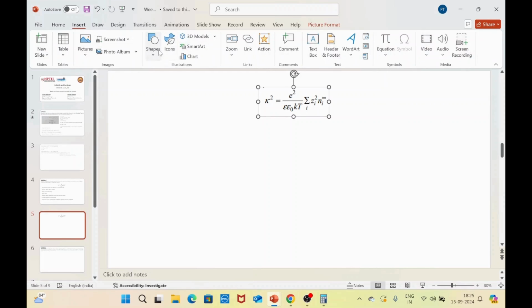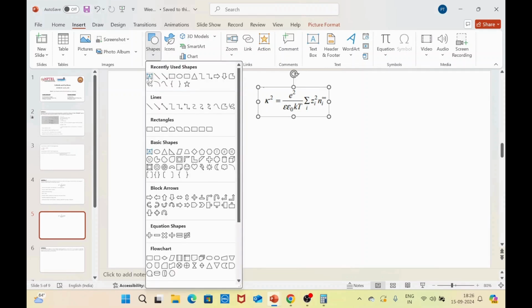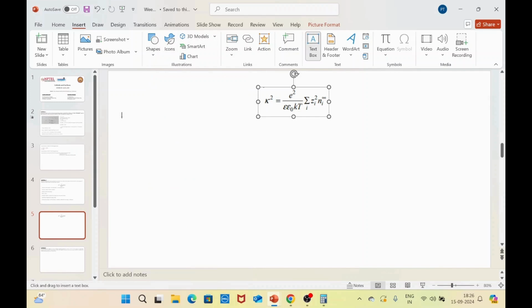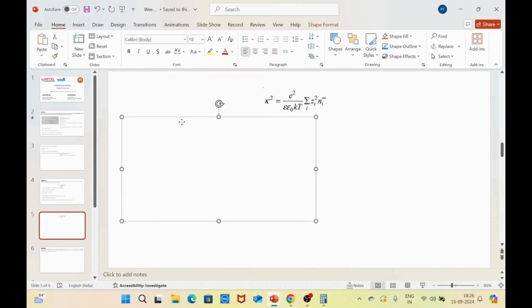So how will it change? Here your Ni is in terms of molarity, that is mole per liter.